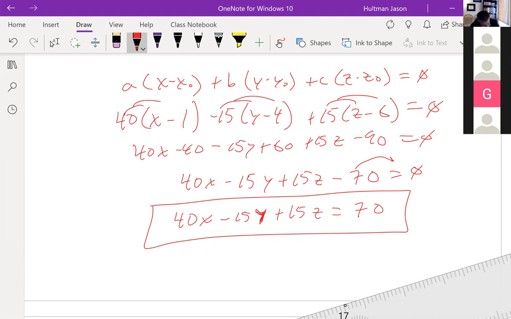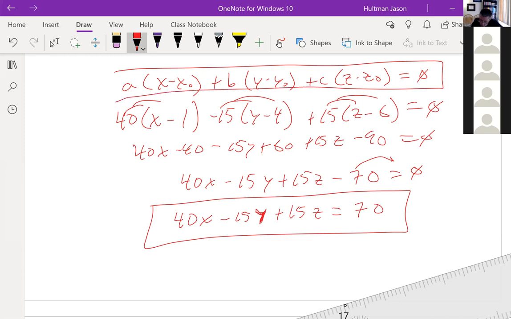Let's see what else I want to talk about here. I think that's about it. Professor, can we simplify the equation also? Which one? This one? The equation of the plane?